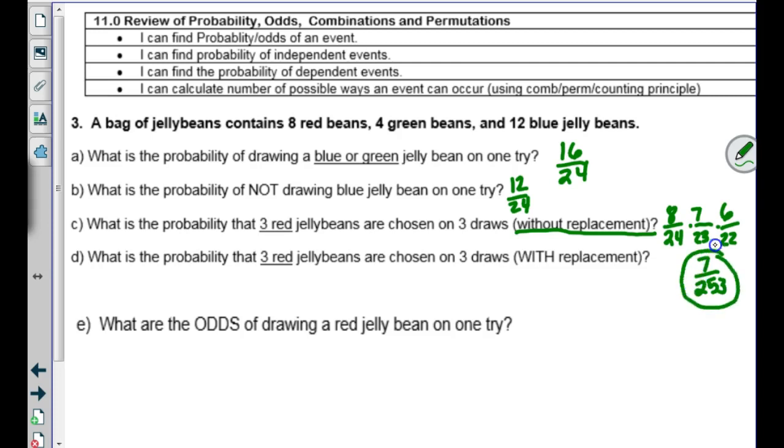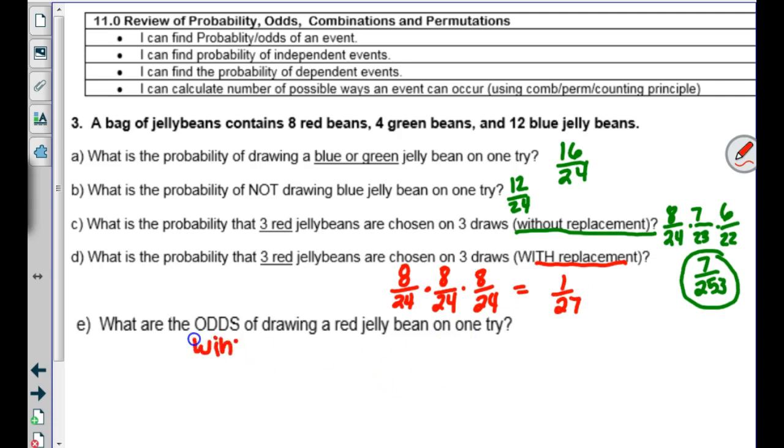Did someone else get that? Red on 3 draws, red is 8 out of 24, and if you do replace it, the next time you go to draw, there's still 8 out of 24 and 8 out of 24, which is 1/3 times 1/3 times 1/3, which should be 1/27.